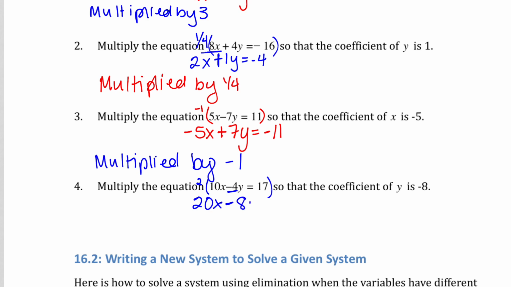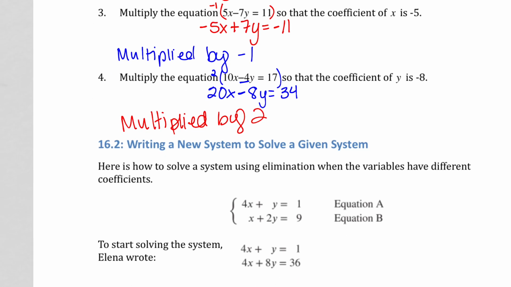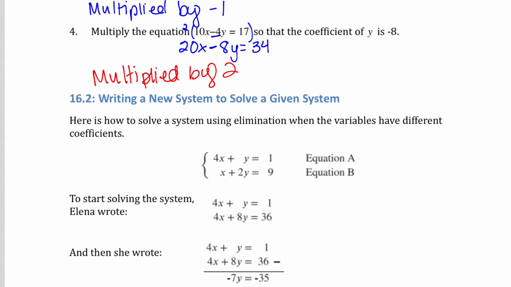Negative 8, drop down our y. 2 times 17 is 34. All right, so here we multiplied by 2.